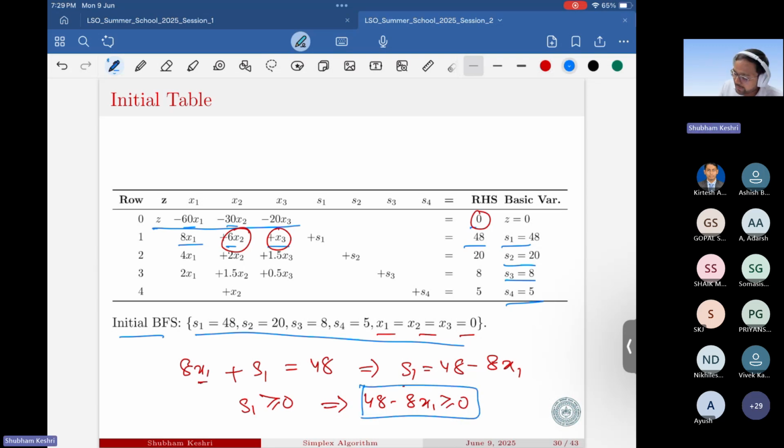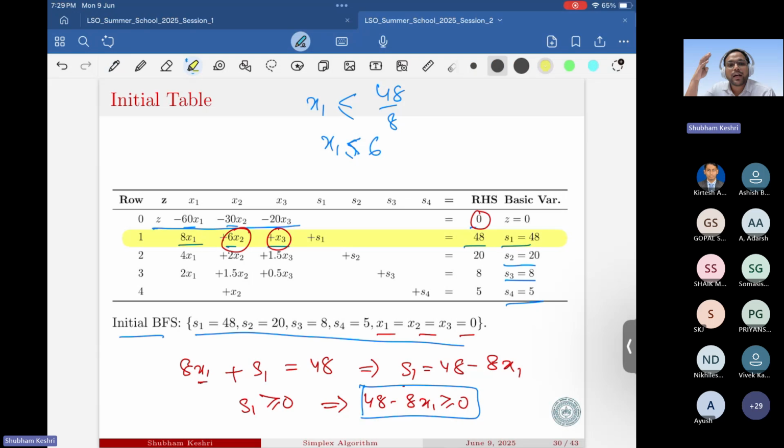How much can you increase x1 to? x1 will be less than or equal to 48 by 8, which is x1 less than or equal to 6. So you can increase x1 up to 6. If x1 increases beyond 6, s1 will become negative, which you don't want. Is that all right?